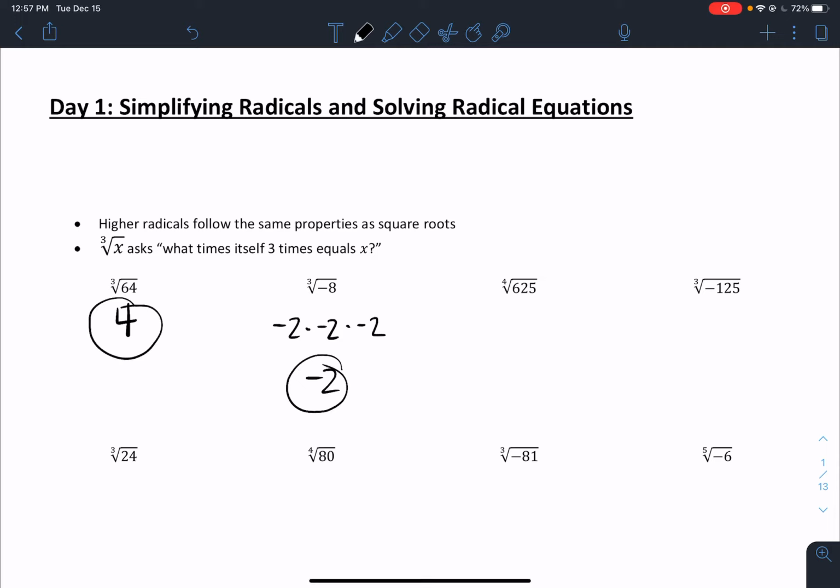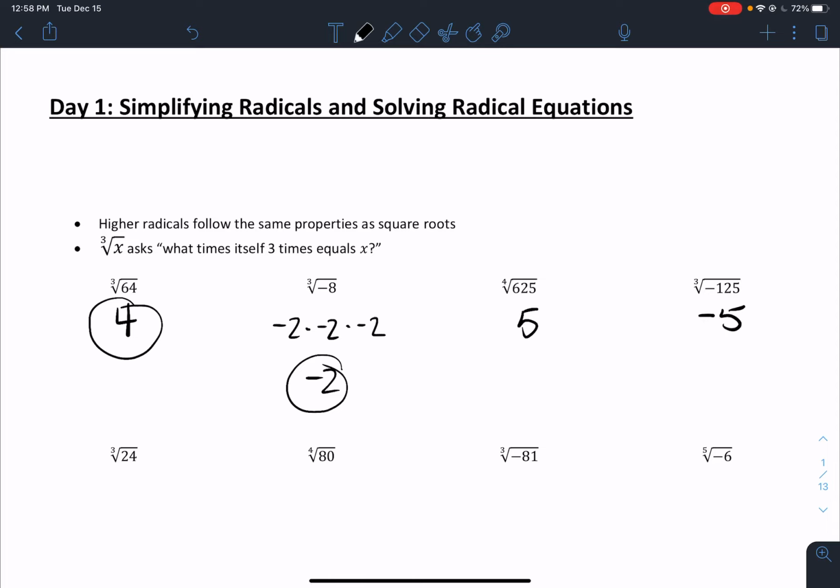All right. The fourth root of 625. Well, what times itself 4 times is 625? 5 times itself 4 times is 625. And then with the cube root of negative 125, again, those odd roots, we can have negatives under without an i or anything like that. So just negative 5.